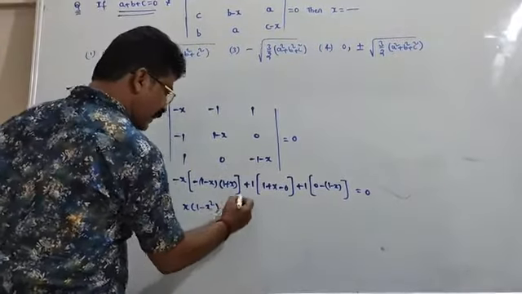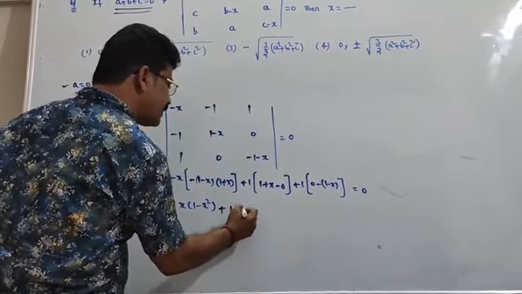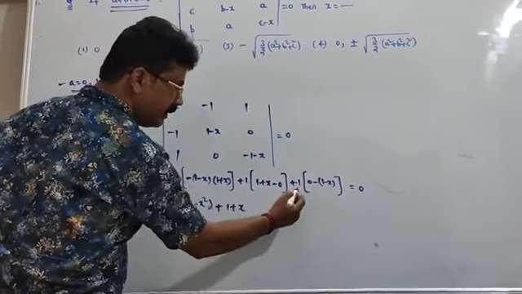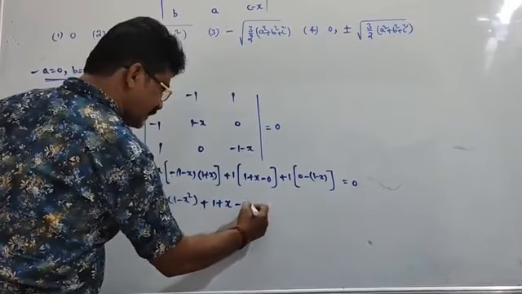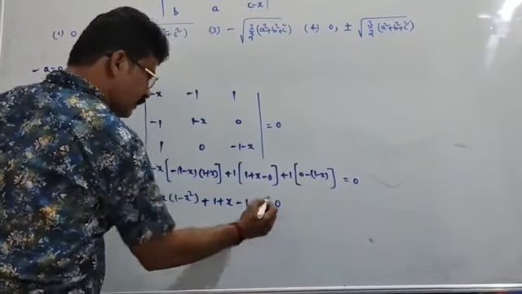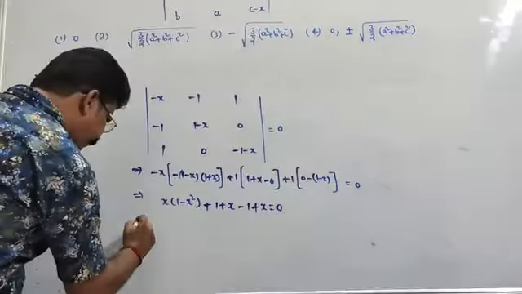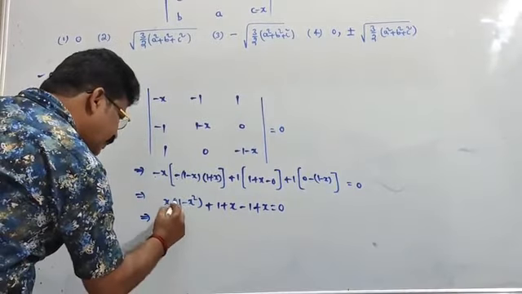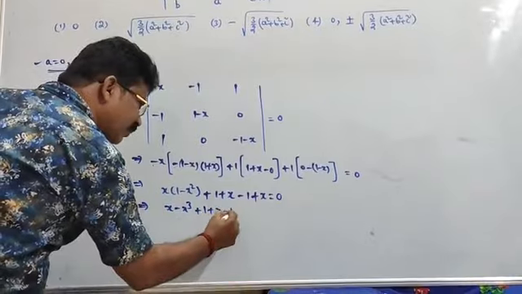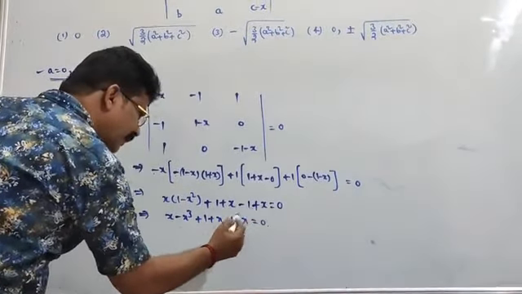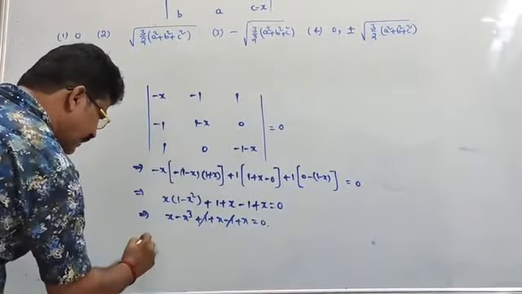So (1 minus x square) plus (1 plus x), next minus minus 1, next plus x, that is equal to 0. So that implies x into 1, x minus x cubed plus 1 plus x minus 1 plus x equal to 0. So minus 1 plus 1 cancel.